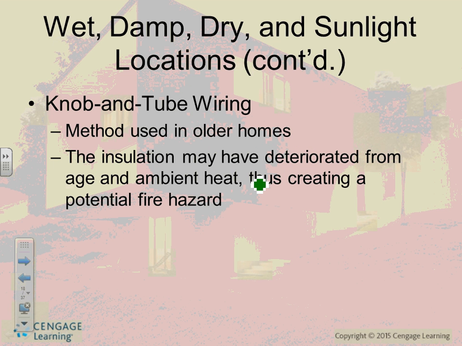Knob and tube. Have you guys seen knob and tube? In the old days, they used to do knob and tube wiring. It still exists in some buildings. It's a fire hazard because the insulation has deteriorated over the years. Now remember, that was from the 1800s up to, I think, the 40s and the 50s, when they started moving toward wire nuts.